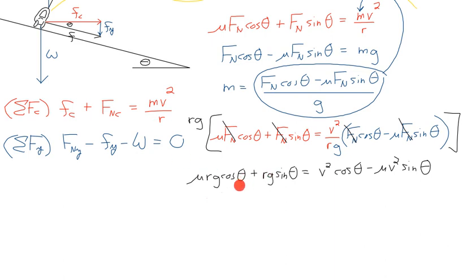Okay, so if r is the unknown, it wouldn't look like this. Now look at if theta was the unknown. If theta is the unknown, this is how you'd have to do it. I'd have to take my two sine terms and put them on the same side, and take my two cosine terms and put them on the other side. Then on one side I could factor out sine theta, and on the other side I could factor out cosine theta, and then bring the cosine theta down so it's sine theta over cosine theta.